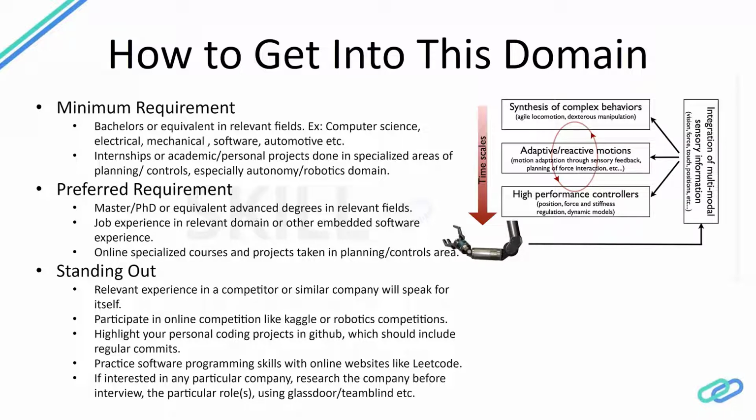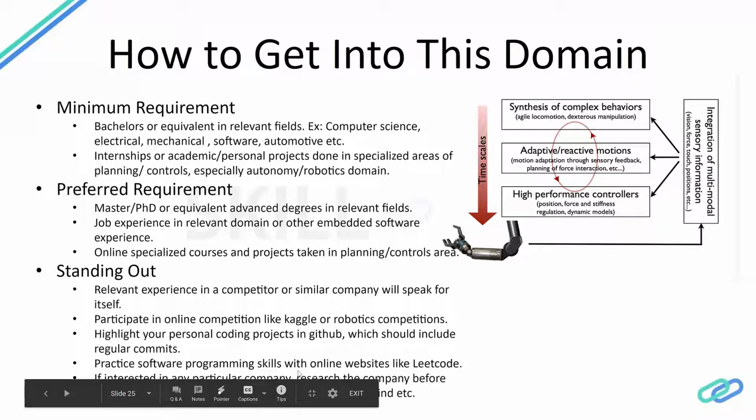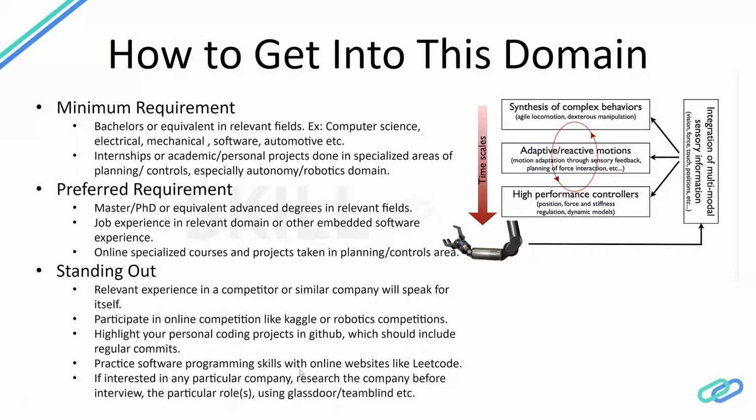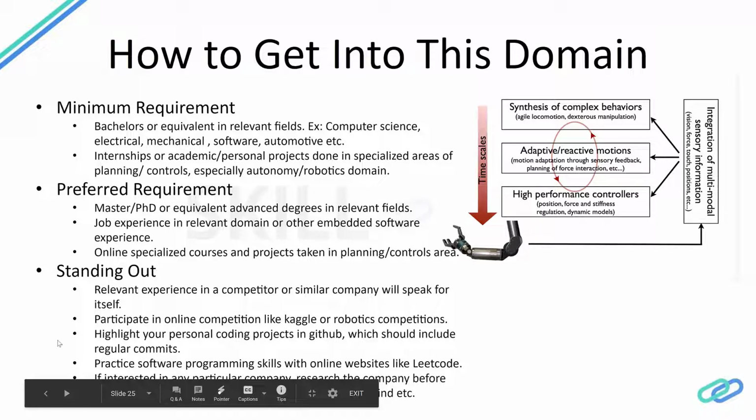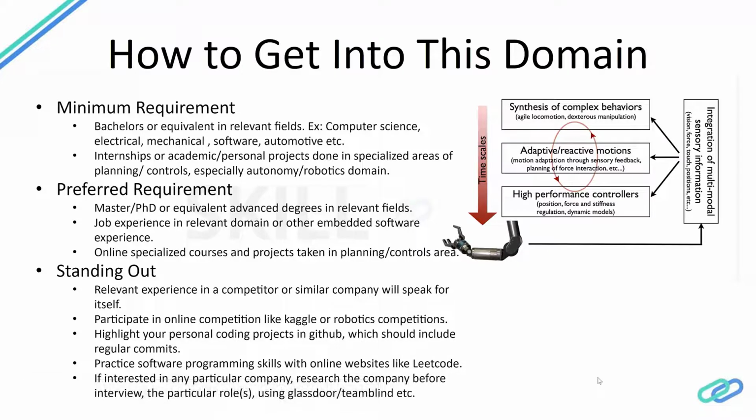You are always regularly working on that. Practice software programming skills with online websites like LeetCode or GeeksforGeeks. And obviously research any particular company you are interested in, like Waymo or anyone.